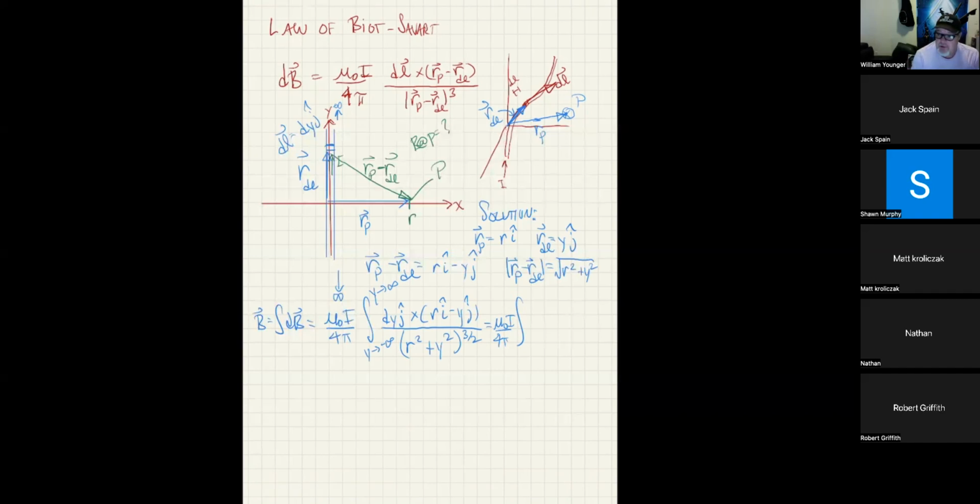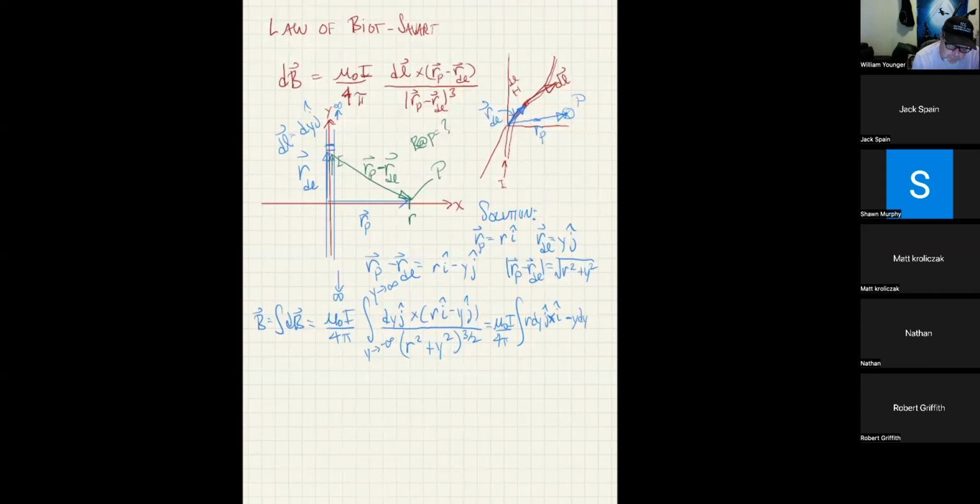Because the cross product is a linear operator, I can pull the dy and the r out in front, and I'll get r dy. And this first part is going to be j hat cross I hat. And then the second part is going to be minus, in this case, y dy, and then it's I hat.